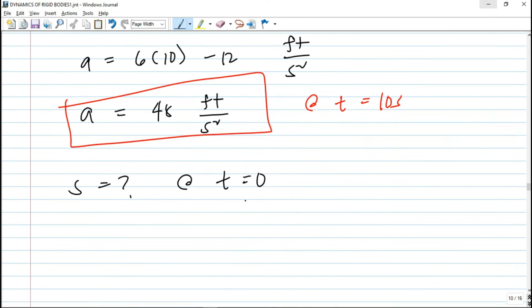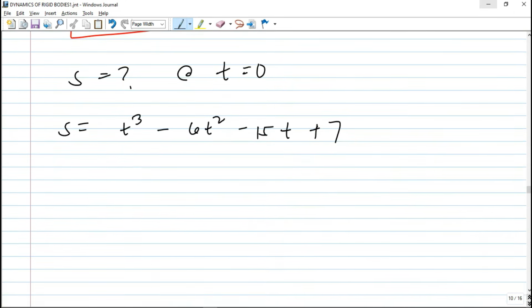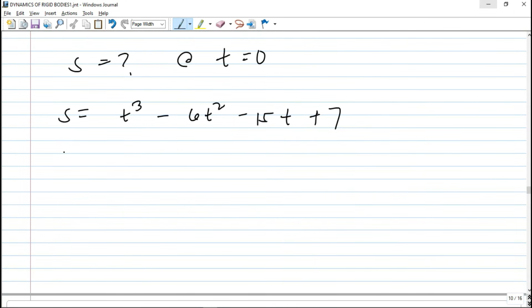Okay, from the equation, we have here s is equal to t cubed minus 6t squared minus 15t plus 7. Okay, so what is the initial position? So s is equal to, we have here 0 minus 6 times 0 squared minus 15 times 0, we have here plus 7.